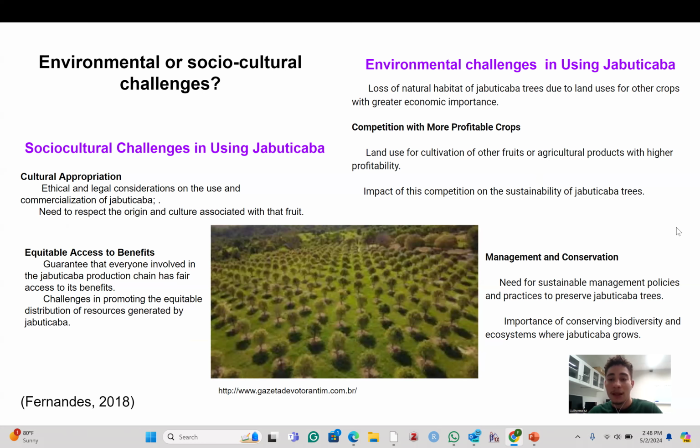The environmental challenges in jabuticaba are mainly related to loss of the natural habitat of the jabuticabeiras due to the use of land for other crops of greater economic importance, and difficulties with species management and sustainability. Next, please.